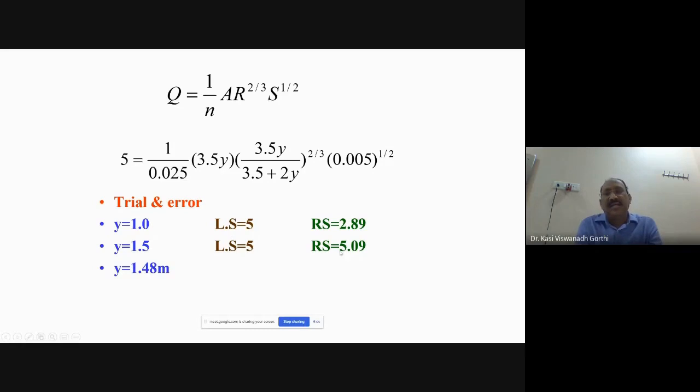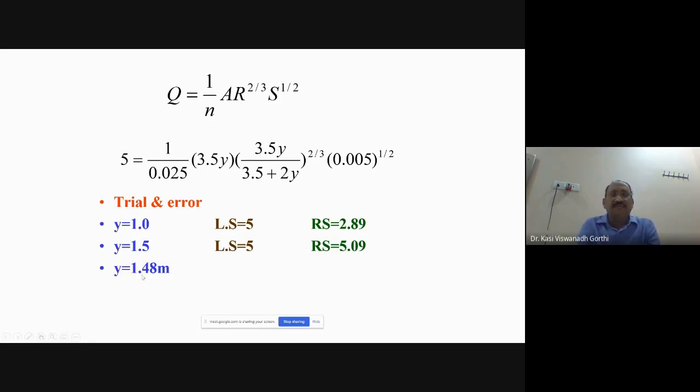Calculate the left side, calculate the right side. It has come to 5.09. You see, very near to 5. Left side 5, right side 5.09. When I assume a value of 1.5 meters, it is coming very near. So it may be slightly less than 1.5.